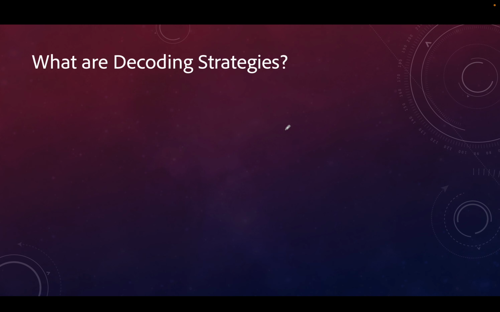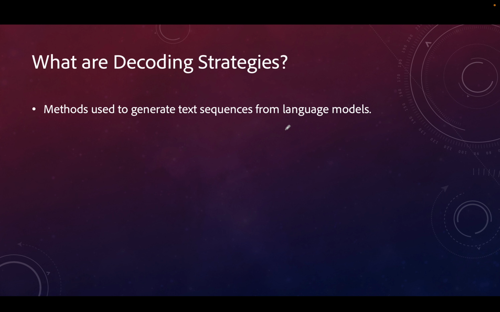First of all, what are decoding strategies? These are the methods that are used to generate text sequences from language models. Remember that when we talked about GPT-2, these kinds of models are trained in an autoregressive fashion.